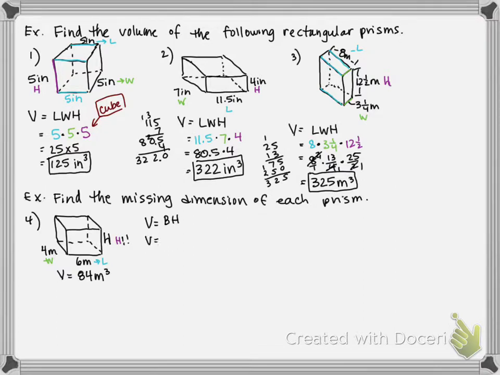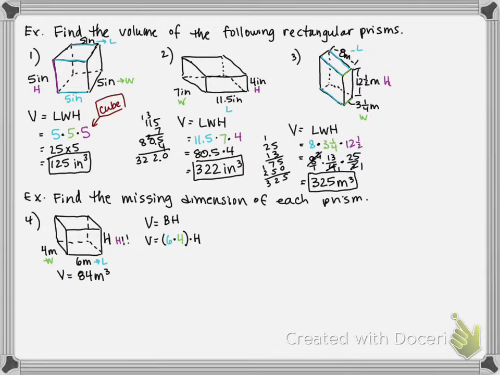Since my base is a rectangle, I'm going to multiply the length and the width. So that's going to be 6 times the 4. And then I'm going to multiply that by the height of the prism. That's separating the top from the bottom. And we're just going to leave it as H.